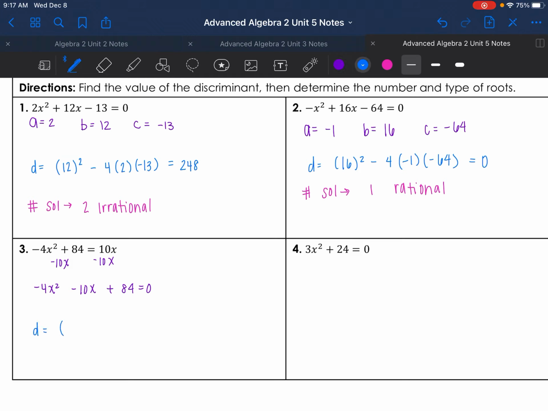So the discriminant is b squared. So negative 10 squared minus 4 times a, which is negative 4, times c, which is 84.